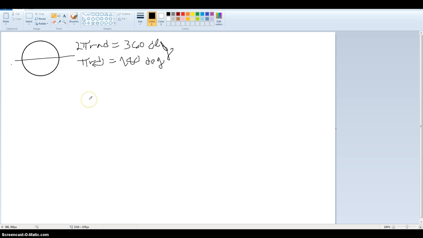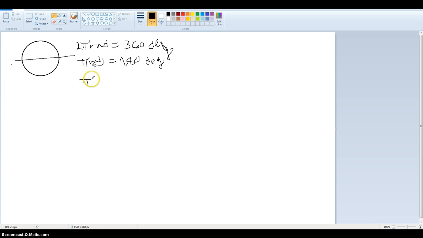And now if we take a look at this and want to get what is 1 radian, we divide both sides by pi.